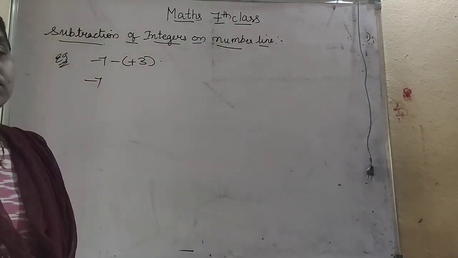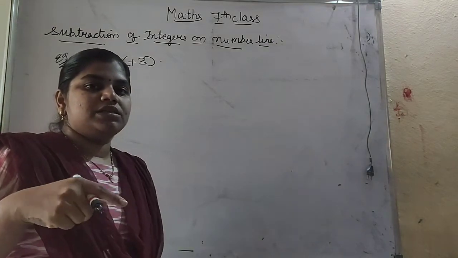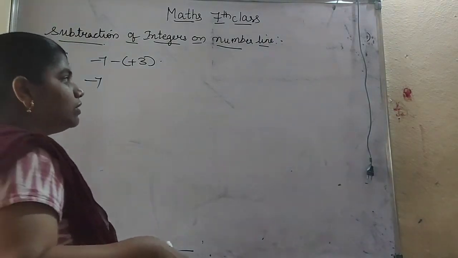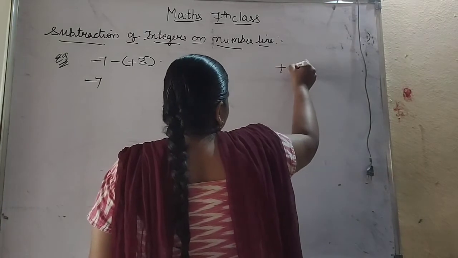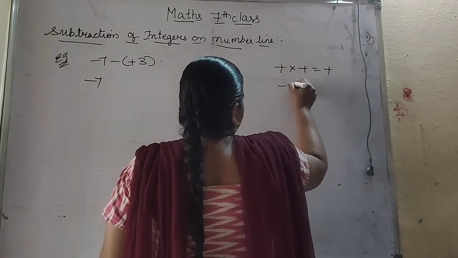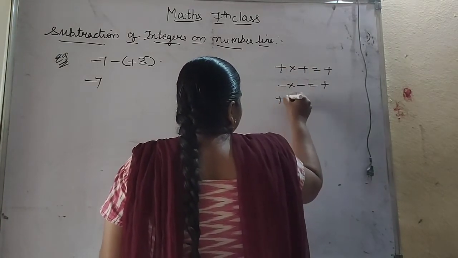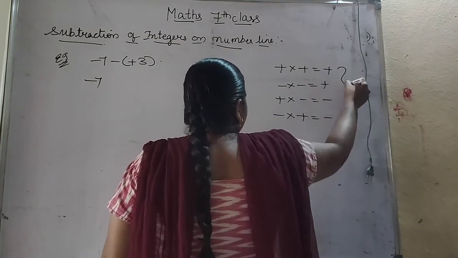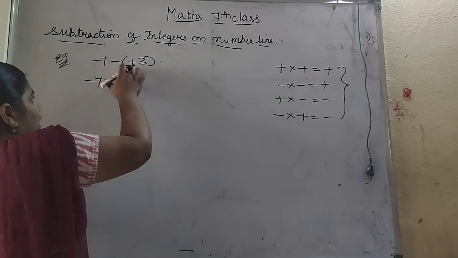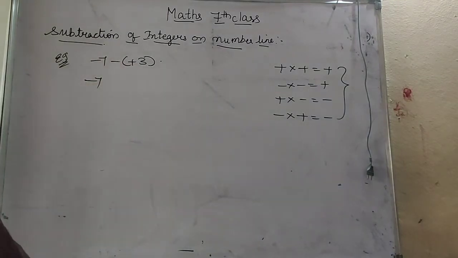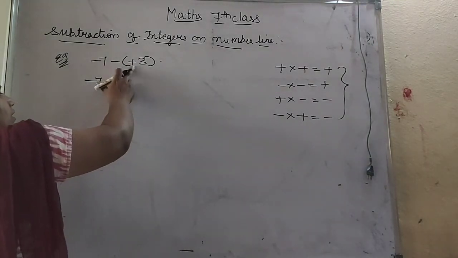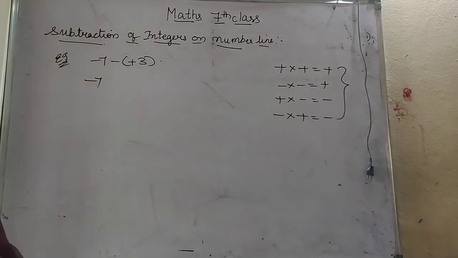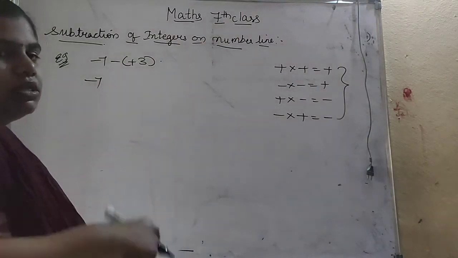And what I told, if you are seeing any double sign we have to convert it into a single sign first by using these operations. Minus into minus will be plus, plus into minus will be minus, minus into plus will be minus. So before 3 you are seeing the double sign, two signs together. So we have to convert it into a single sign.